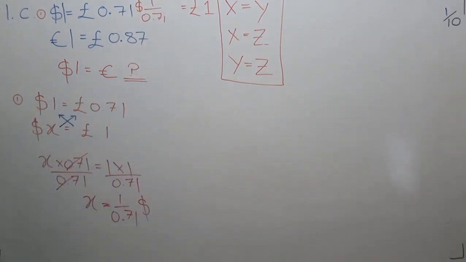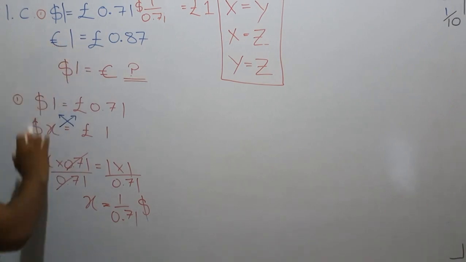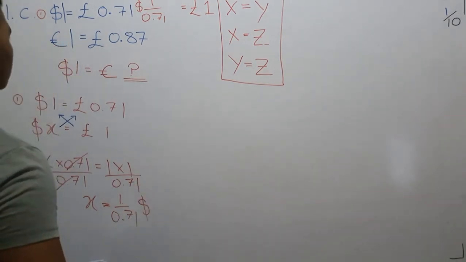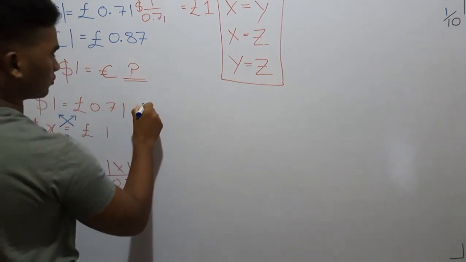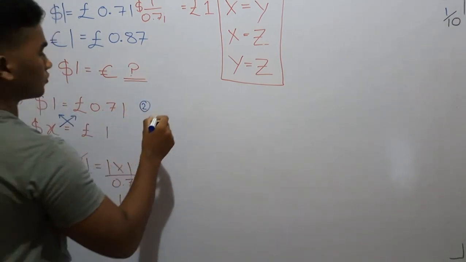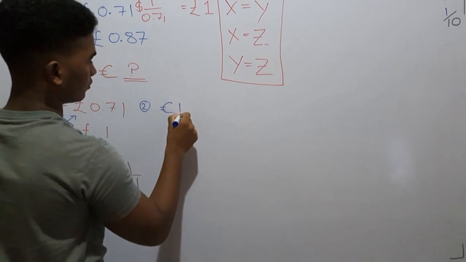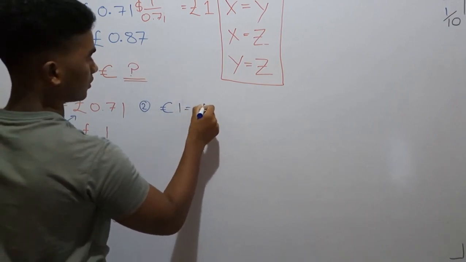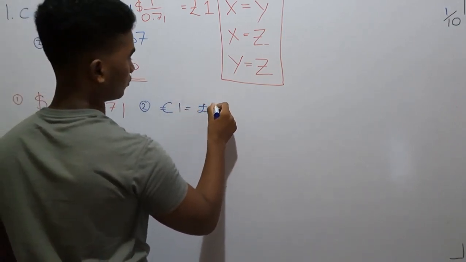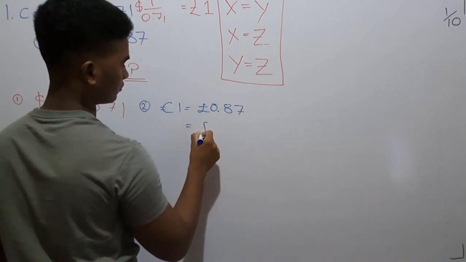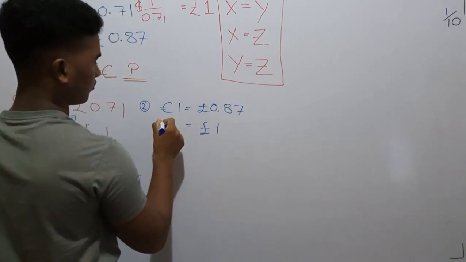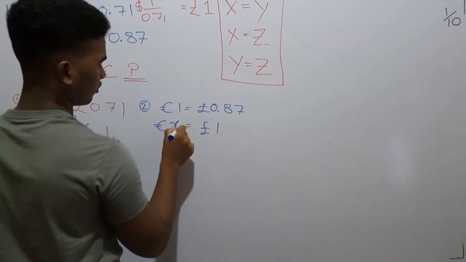Then, for 1 pound, how many euros? We'll take this as number 2. So, for 1 pound, we'll put x number of euros.